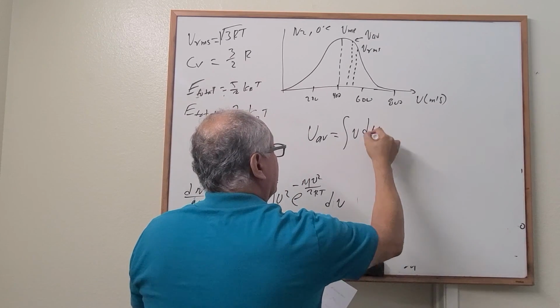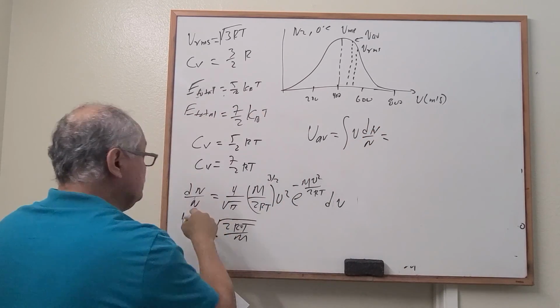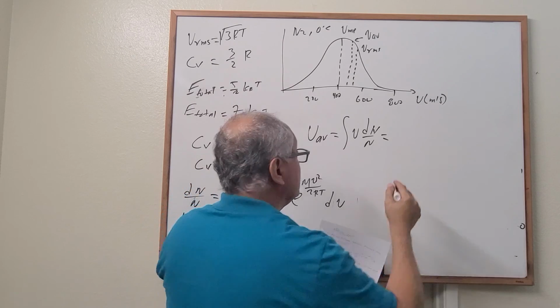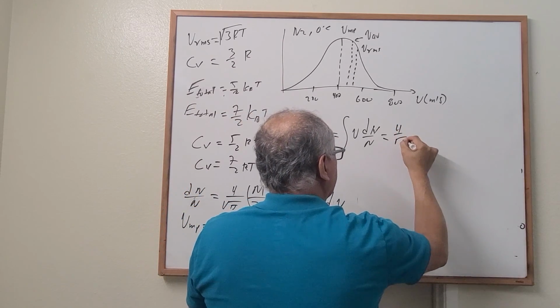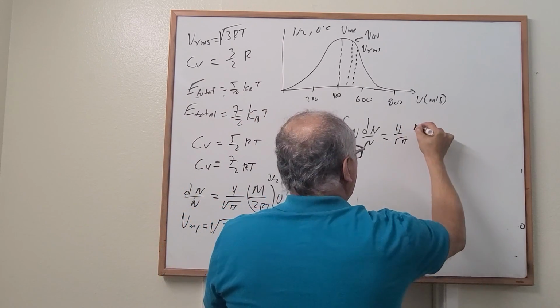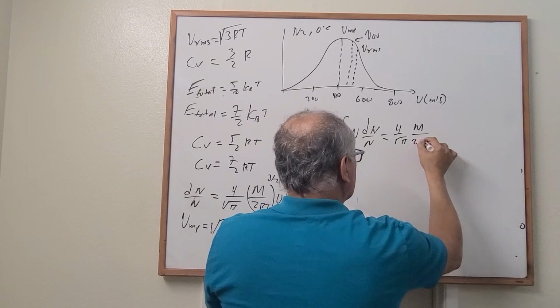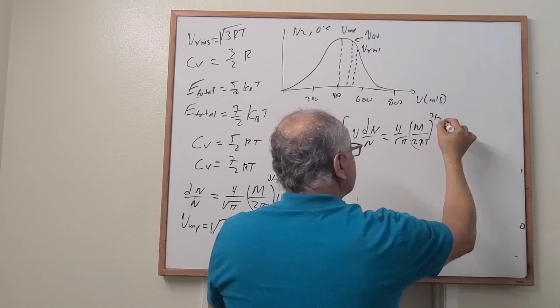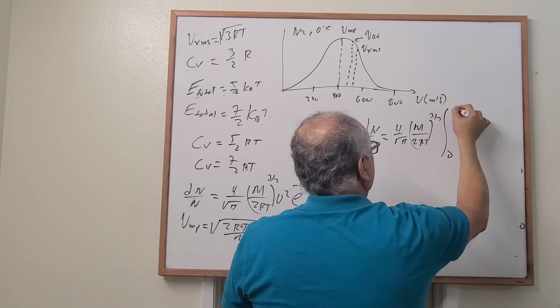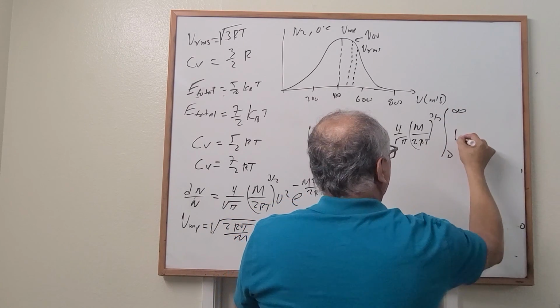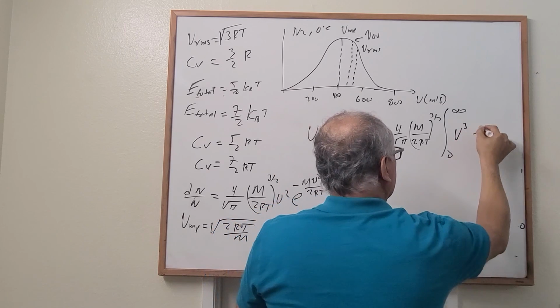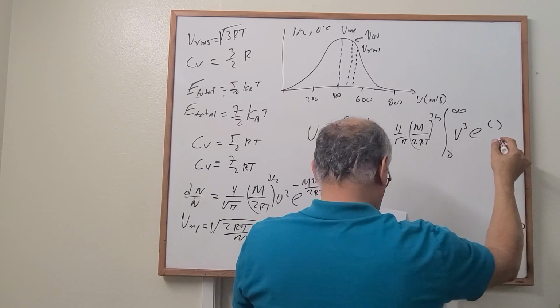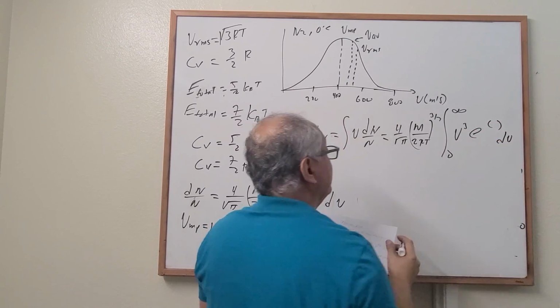But this equals, again, 4 square root pi, M over 2RT to the 3/2, times the integral from 0 to infinity of v cubed e to this power dv.